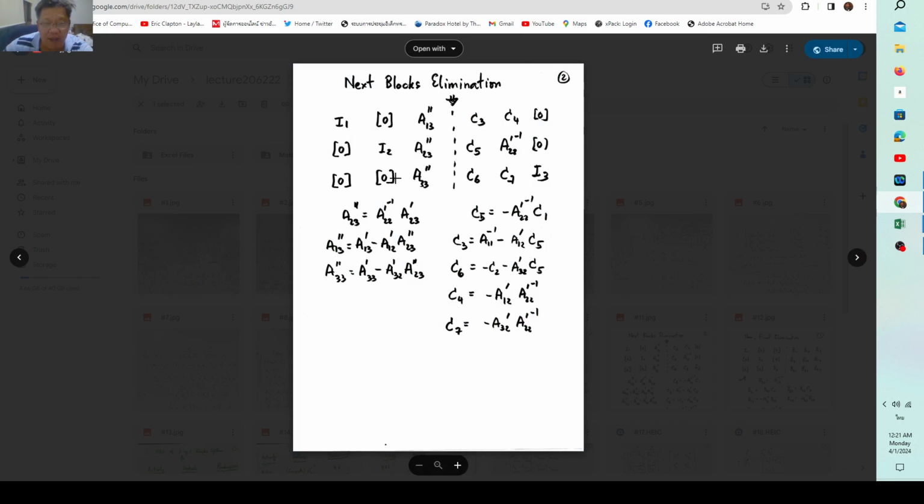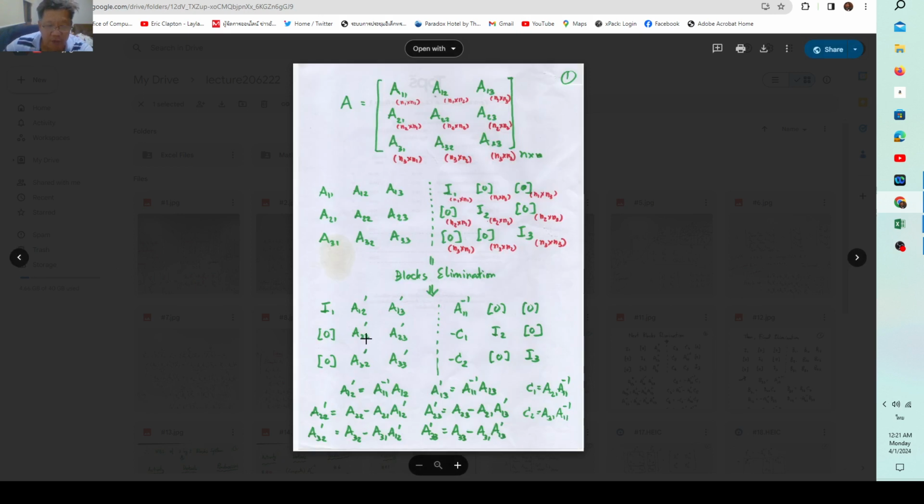I can make this one become A13 double prime, the new A13, the new A23 double prime, and then the new A33 double prime. The easiest way to explain this is you want to make this an I2, right? The identity of size n sub 2 by n sub 2.